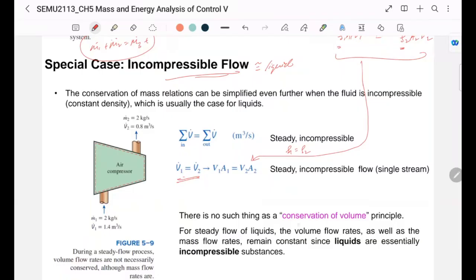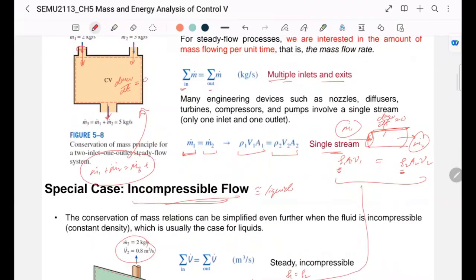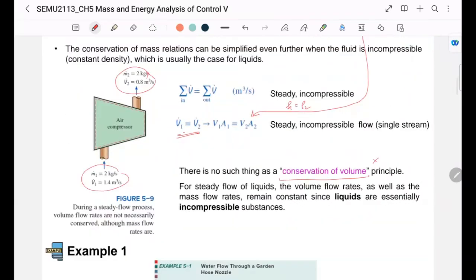But we don't call it the conservation of volume. This doesn't exist. It's just the conservation of mass under an incompressible flow condition, which makes the volume flow rate equal between state 1 and state 2. But it will not be the case for compressible flow, because for compressible flow, density can change. So it's just a very special case only.